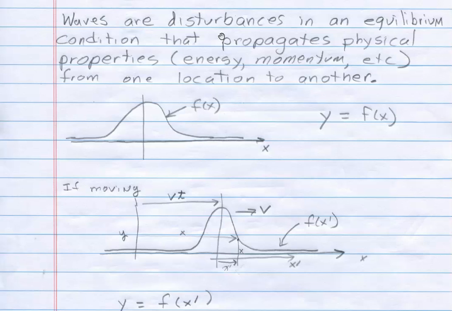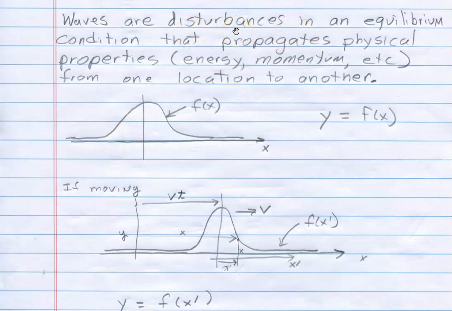First thing we should do is ask, what is it that's actually going through the system? That's a kind of difficult thing because it always involves some abstract quantities.